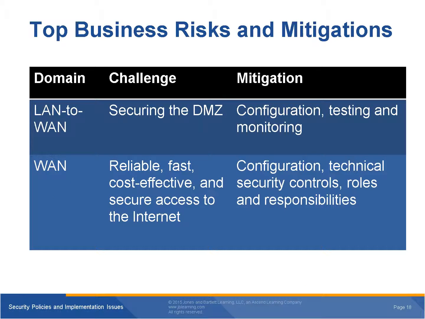For the LAN to WAN domain, the challenge would be securing that DMZ. The way to mitigate that would be configuration, testing, and monitoring. In the WAN domain, the challenge would be reliable, fast, cost-effective, and secure access to the internet. The way to mitigate that is by configuration, technical security controls, roles, and responsibilities.